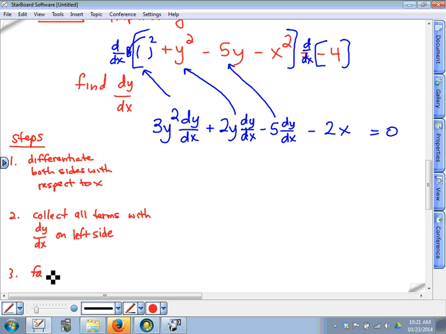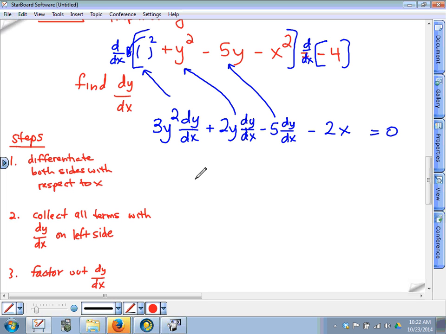Step 3 is to factor out the dy dx. So let's do those two steps. Everything that has a dy dx needs to be on the left side, and everything else has to be on the right side. So there's really one thing to do there: we add the 2x over.